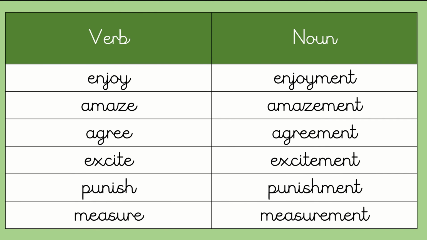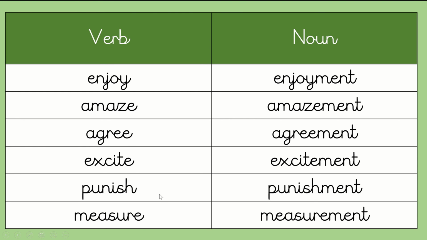Right, I'm just going to go back through some of these words because some of them we might not know what they mean. So, enjoy means, we've talked about that, when you like something. Amaze is when you're really surprised by something and you're happy about it. We've talked about agree. Excitement is when you're really happy and you've got a feeling like you really want to do something.